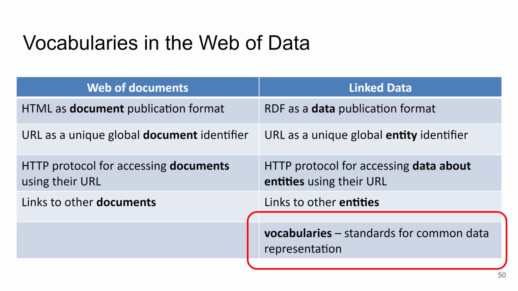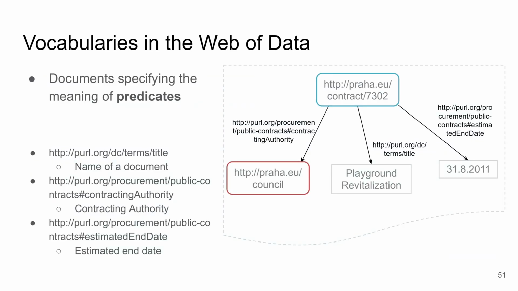We will, however, get back to the fifth principle or fifth point in the principles comparing the web of documents and linked data. For linked data, we had, in addition, vocabularies. Now, coming back to the original example with the playground public contract, we had IRIs of predicates.